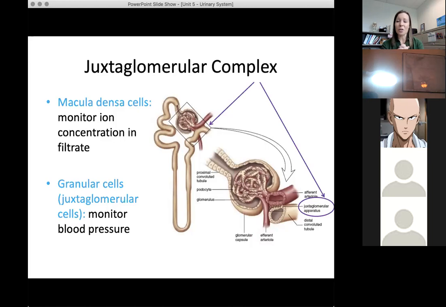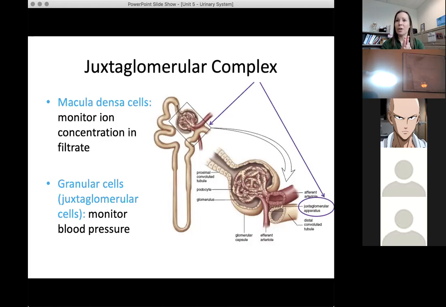There's a structure called the Juxtaglomerular complex. And it's located where a certain part of the tubule, the distal convoluted tubule, actually touches the afferent arteriole. So the arteriole and the tubule just come in contact right in this one spot.